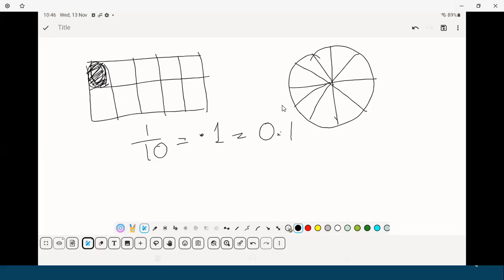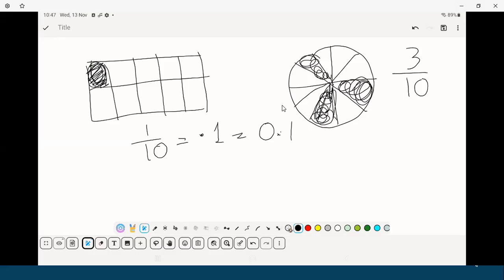Suppose a circle is divided into 10 equal parts, and we cover this one part, this is the second part, and this the third part. How will we write this as a fraction? This is 3 by 10.